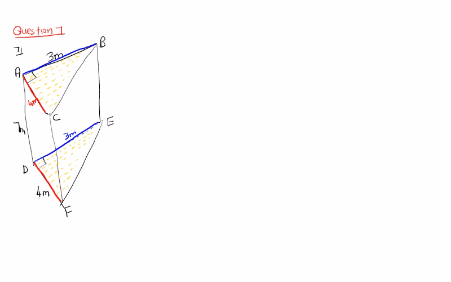And the last one is BC, and FE is going to be exactly the same. And the big height is 7. That is the distance between the two triangles.